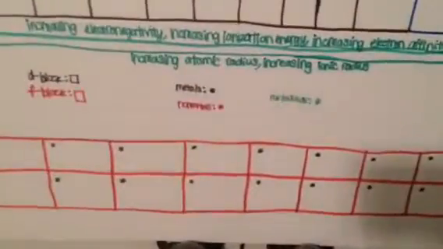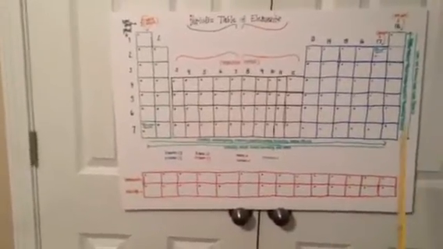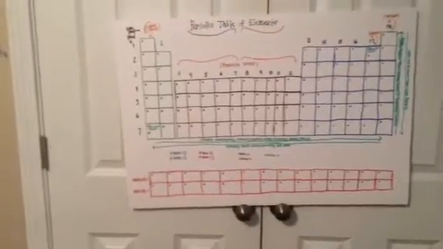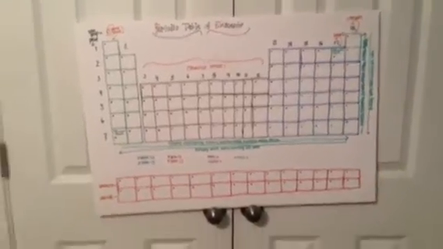The atomic radius trend is on the bottom here, and it says that you increase when you go from right to left in terms of the atomic radius, and when you go down a column, you increase your atomic radius.